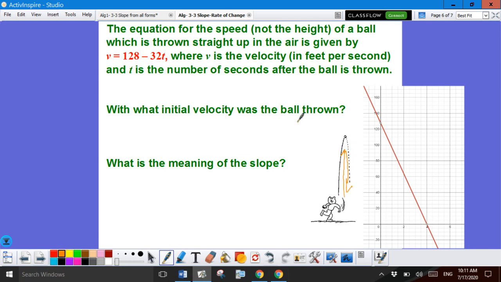So what was the initial velocity that the ball was thrown? Look at your equation. What does it tell us? How fast did I throw that ball up in the air? If you said 128, you're right. That's my initial speed. And then what's the meaning of the slope? My slope is negative 32. What does it mean?